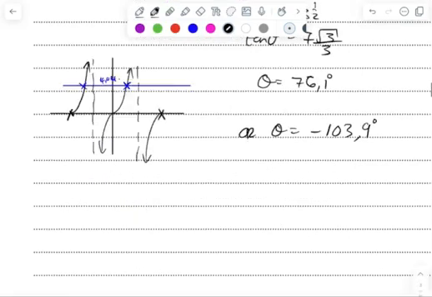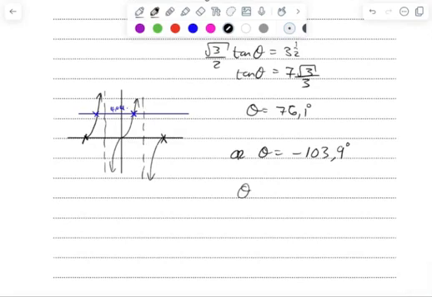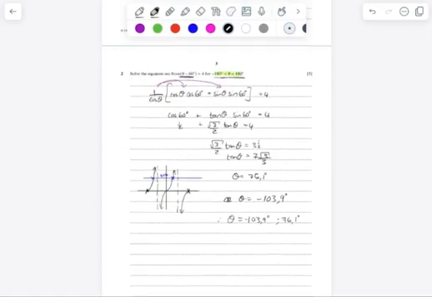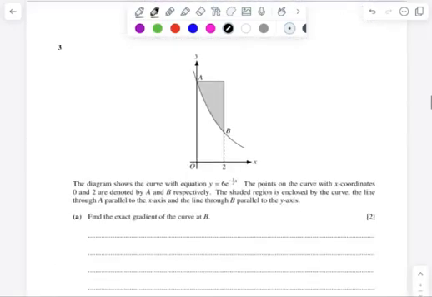So I like to sketch because then it can show me exactly how many answers I should expect to get. So minus 103.9 degrees and 76.1 degrees. I expect two answers. Those are my two answers within my domain.